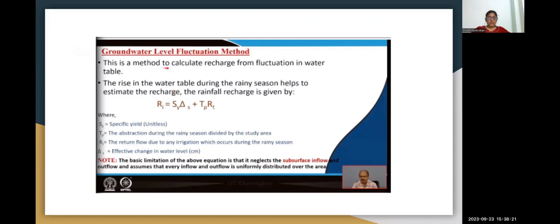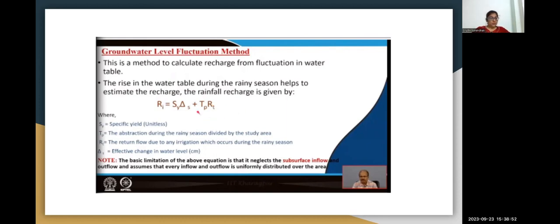In this method, recharge from the fluctuation in water table is considered, and the recharge is estimated as a function of the specific yield, the change in storage or the change in the water level, abstractions during rainfall, and return flow. All these factors are considered in this method of computing the recharge of groundwater by understanding the fluctuations in the water table.